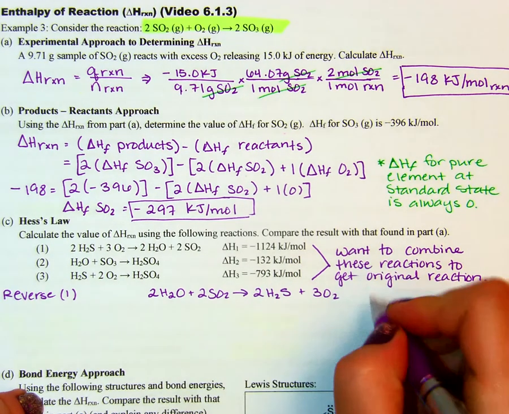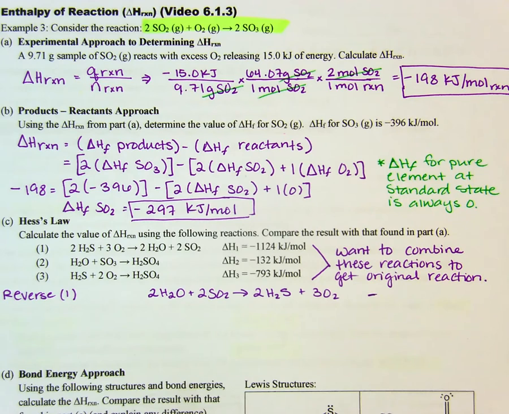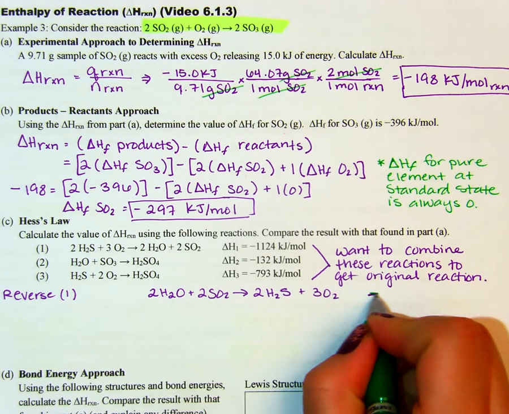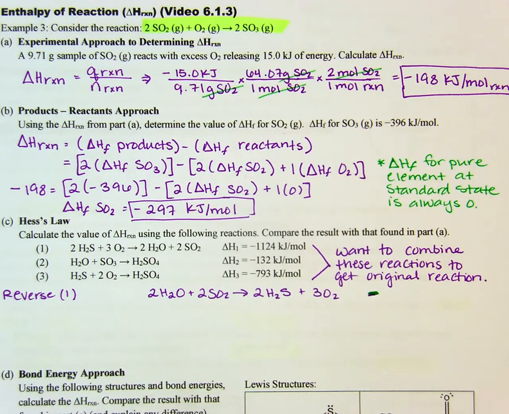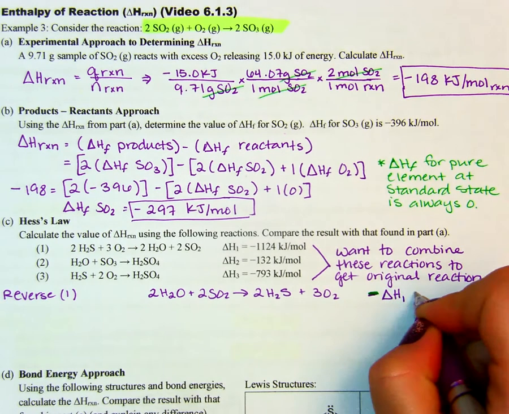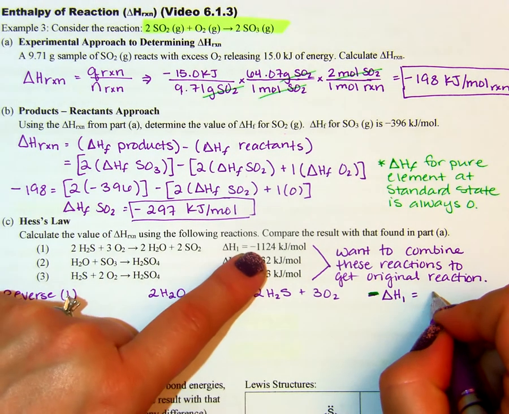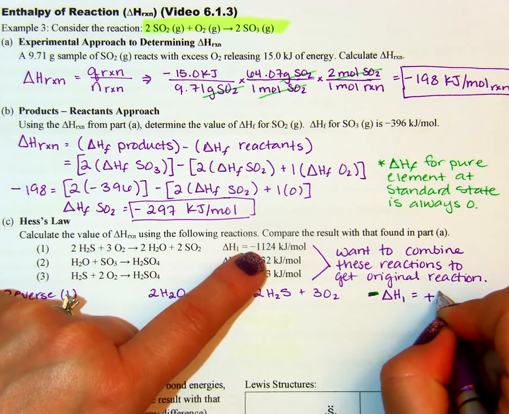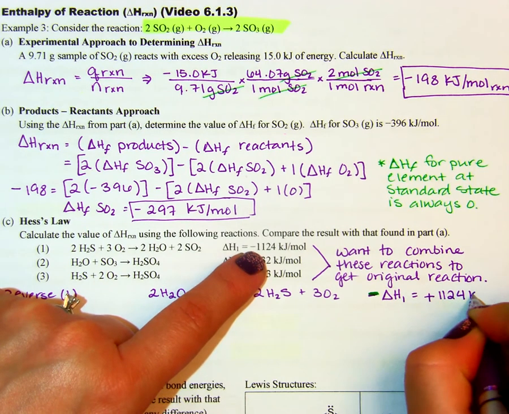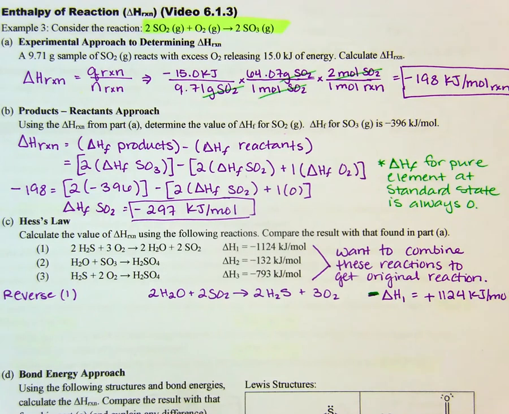So our new delta H, I'll write this in a different color so we can keep track of what we've done, is negative delta H1, and that's going to equal, because it was negative over here, so a negative is a positive, positive 1124 kilojoules per mole. All right, so that's our first reaction.